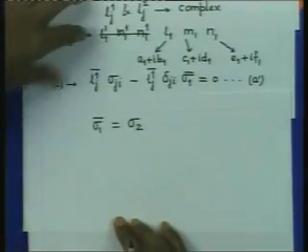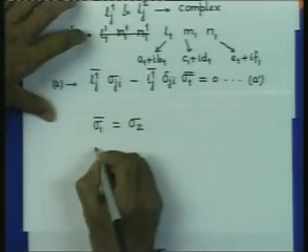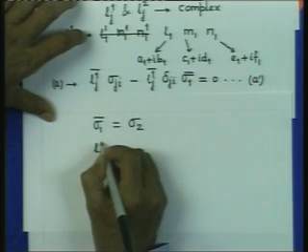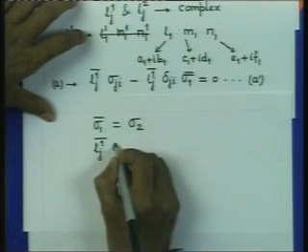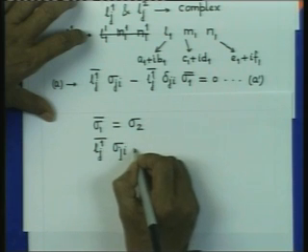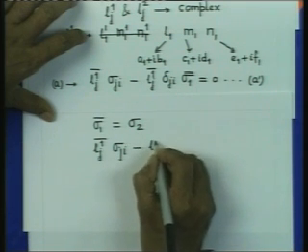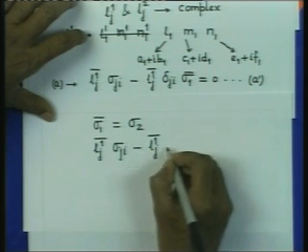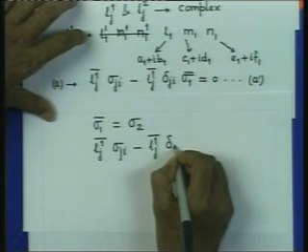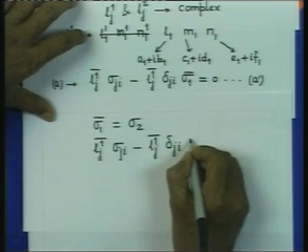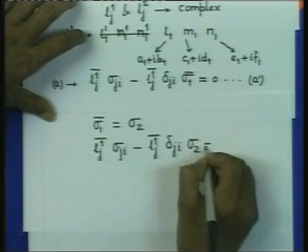So, equation A dash now comes out to be of this form: Lj1 bar sigma ji minus Lj1 bar delta ji sigma 2 equal to 0.